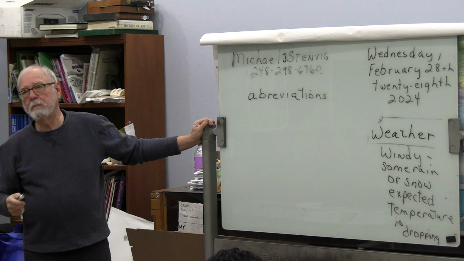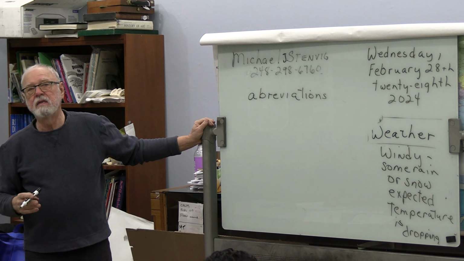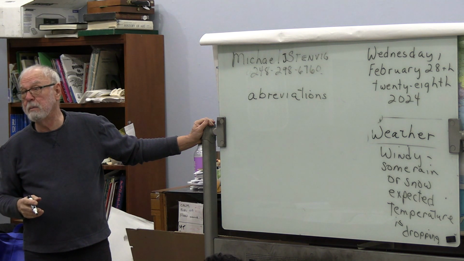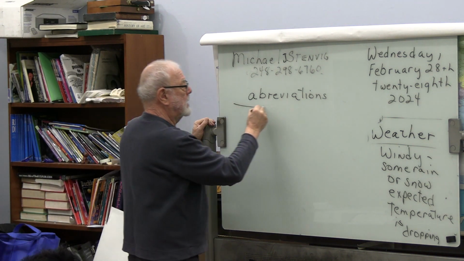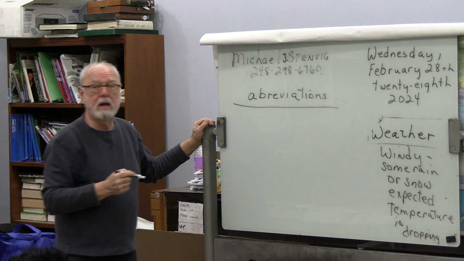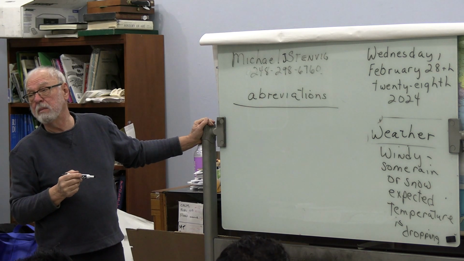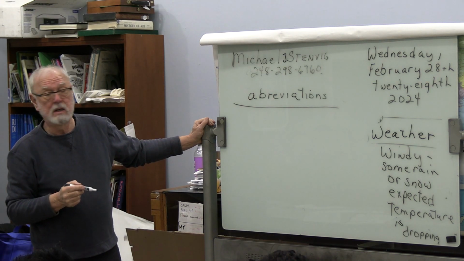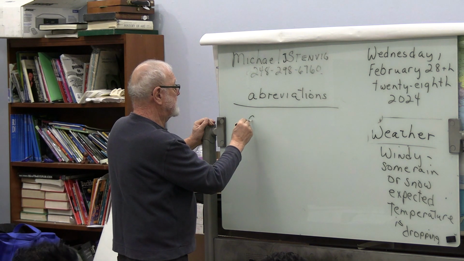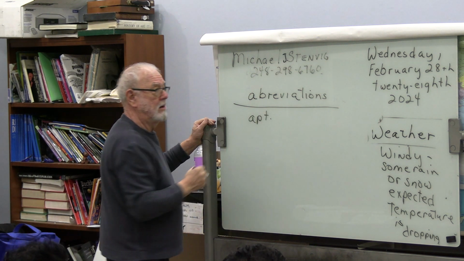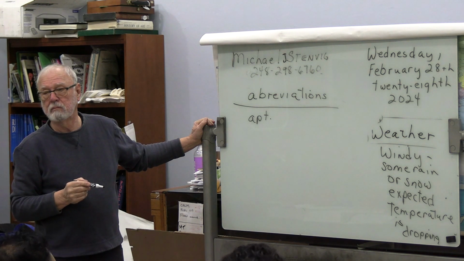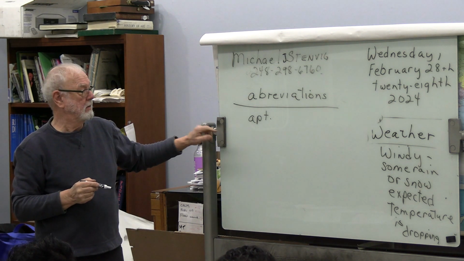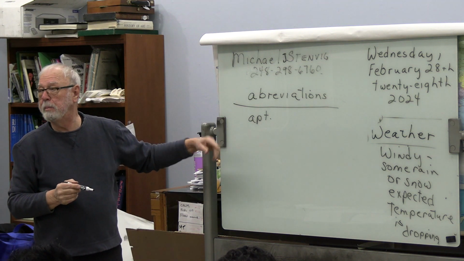There probably will be some in there that will give you a number of abbreviations, and I think the last one that I saw had to do with apartments or houses. So some of these are pretty easy. Apartment.